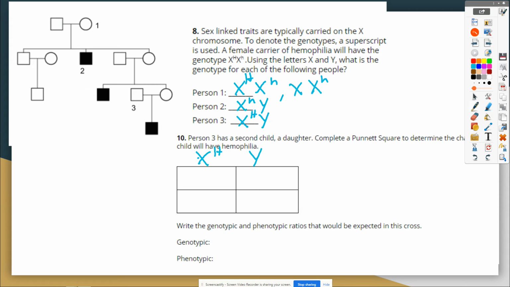They have a second child. What do we know about the mom? She had to have a little h to give it to her son. And they say it's a daughter.